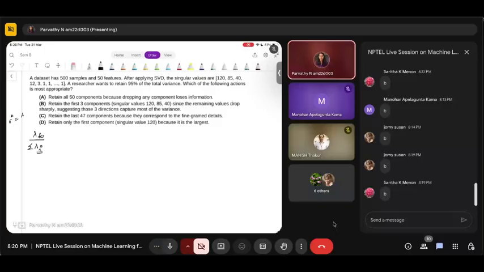So what we have to do is take the sum of the squares.